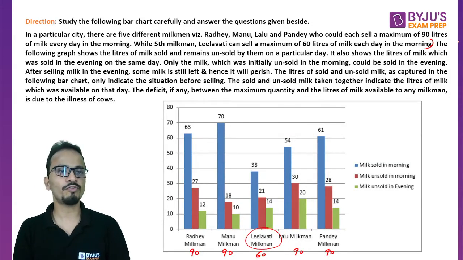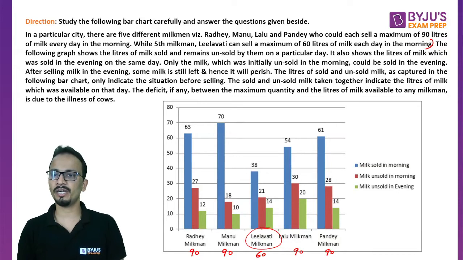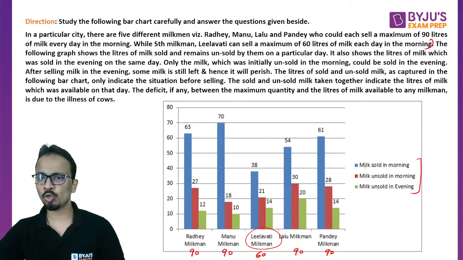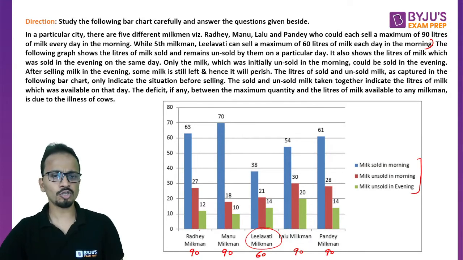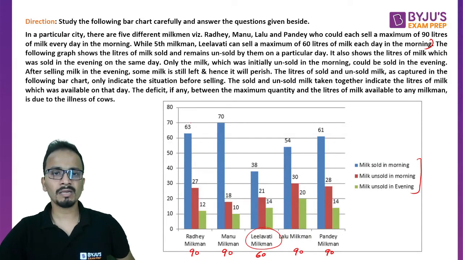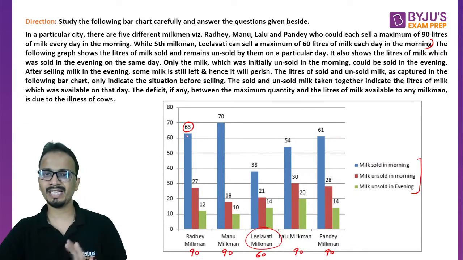Next part: the following graph shows the liters of milk sold and remains unsold by them on a particular day. If you look at this scale, the blue bars show the milk sold in the morning. If I talk about Radhe, the first milkman, he is selling 63 liters of milk in the morning.